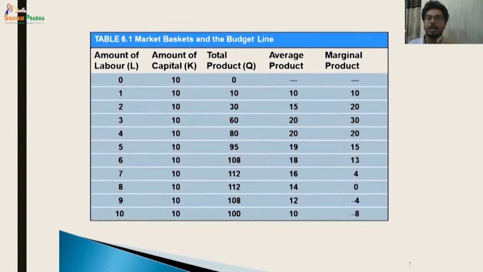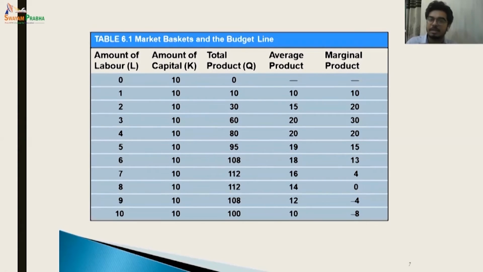However, when we add 1 extra labor, our total product increased to 10. With 2 labors, the total product increased to 30. 3 labors, 60. 4 labors, 80. And hence, you see with each extra unit of labor, our total product is increasing till 7 and 8, which were 112, 112.